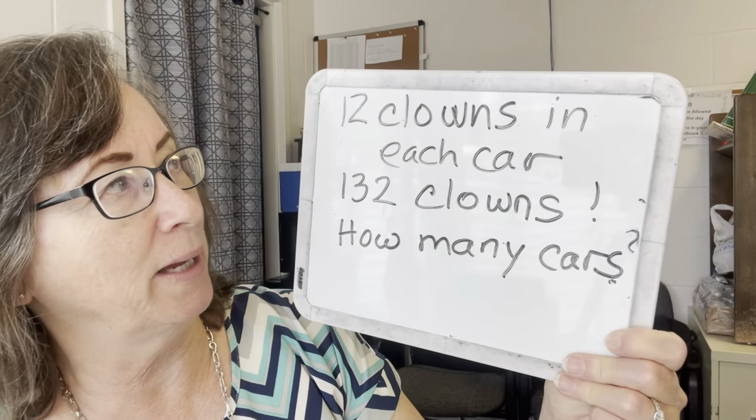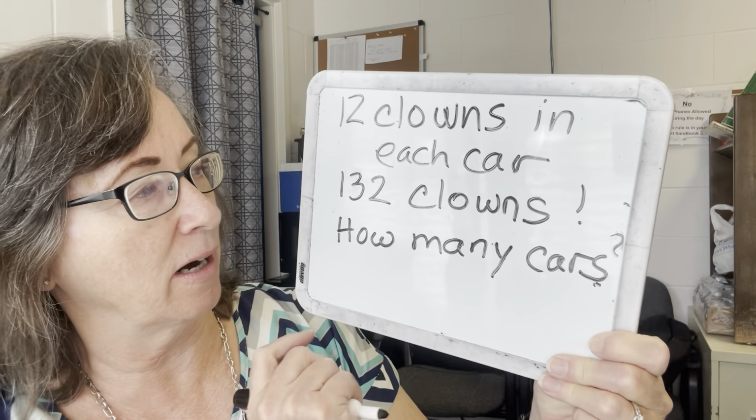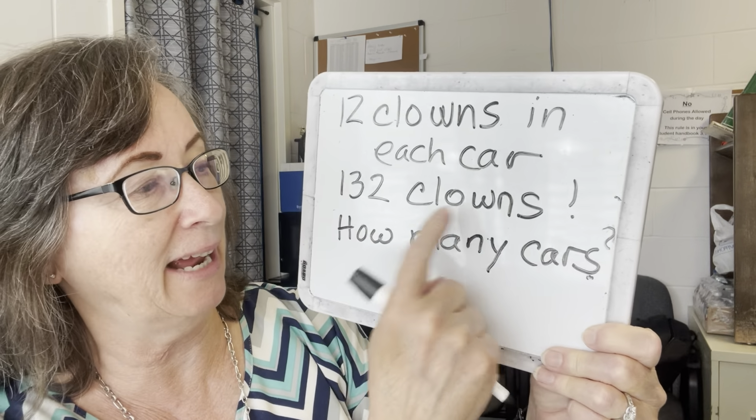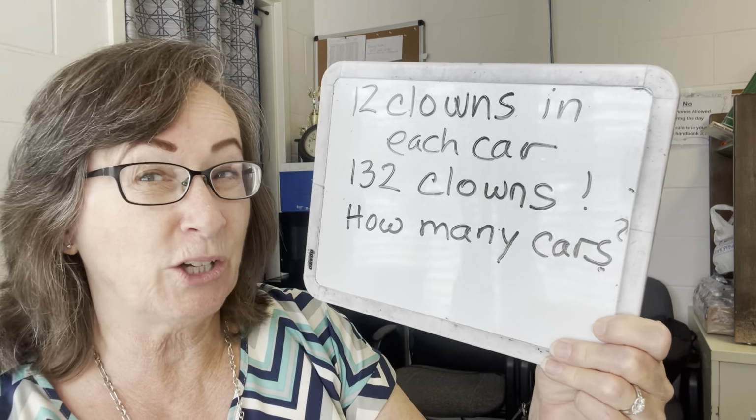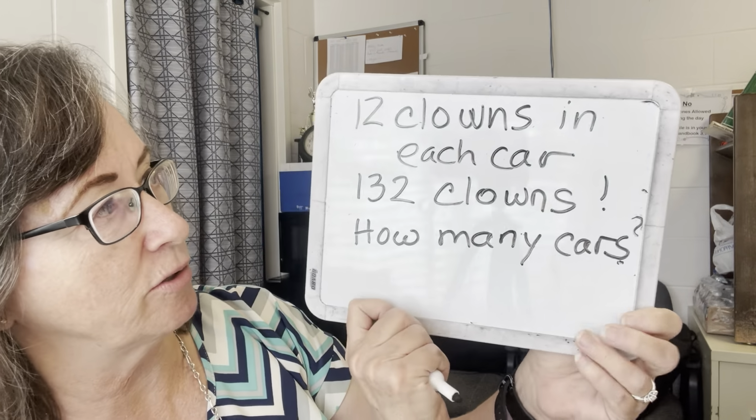Okay, problem number 1 says, in the act, there were 12 clowns in each little car. If there were 132 clowns, how many little cars were there? Okay, so we have 12 clowns in each car, 132 clowns altogether. How many cars? Now, we could use our ratios to do this.